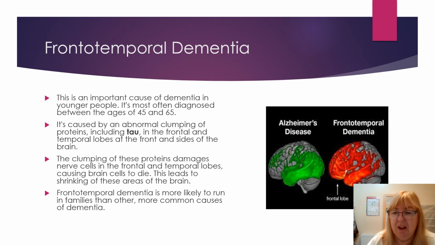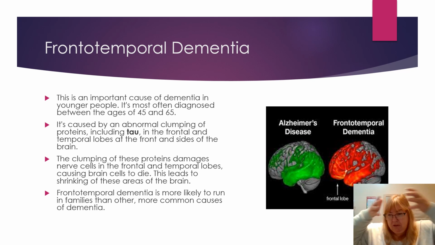Frontotemporal dementia, if you have a look again at the graphic, it really affects a slightly different part. It's very much focused on the frontal lobe and the sides here. Okay, so whatever these different areas work for.